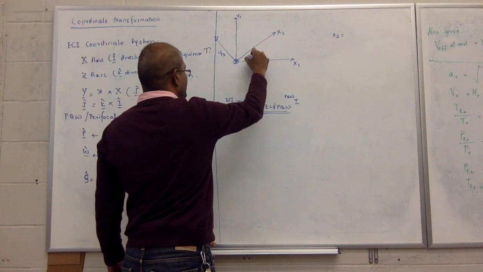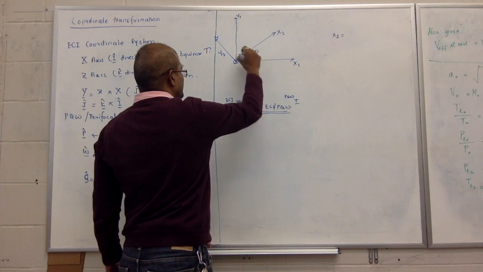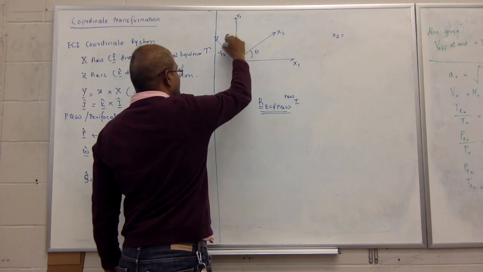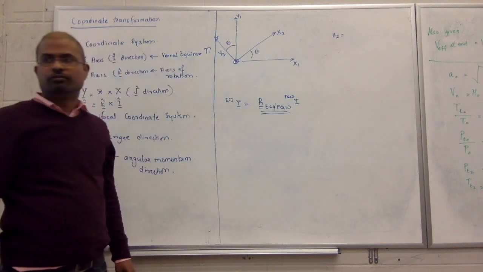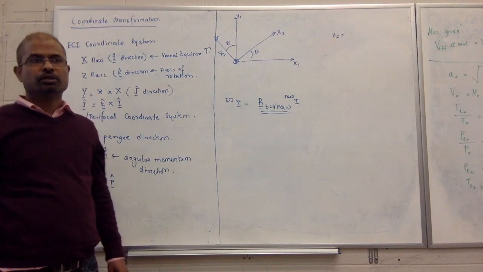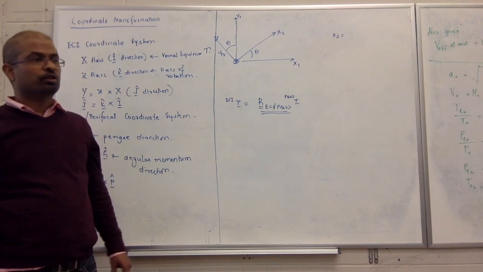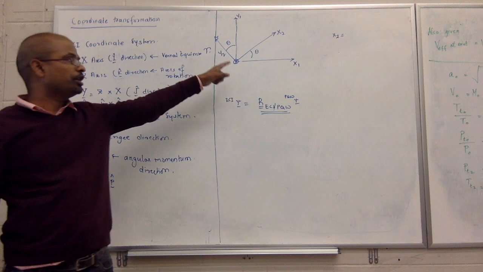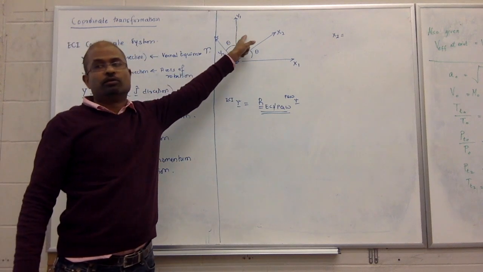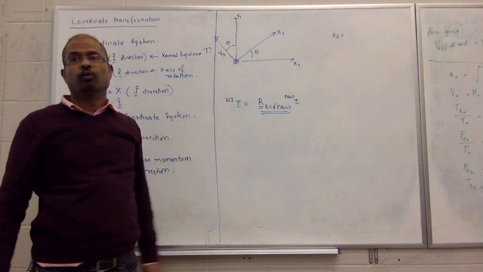So let's say this angle is theta. This angle will also be theta, right? We are talking about orthonormal systems, where x1 is perpendicular to y1, and x2 is perpendicular to y2.